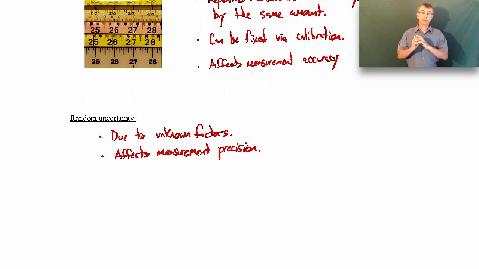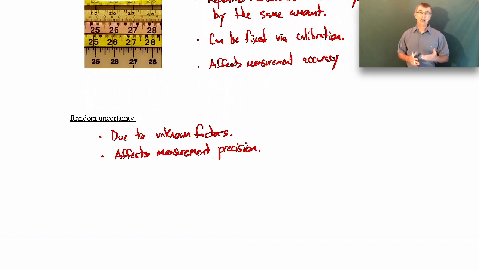If we have a large random uncertainty, then there's a lot of scatter in the data. The points are all over the place. Ideally, we try to reduce the random uncertainty so that we keep our data closely together. That's hard to do because you don't really know why the measurements are all over the place. So anyway, random uncertainty affects precision, and that's really where we're going to focus most of our efforts in the rest of this lecture and going forward.